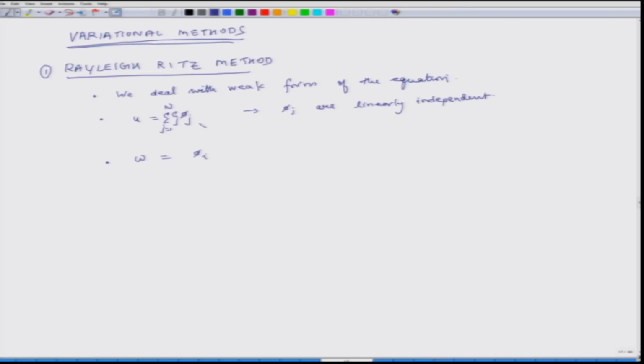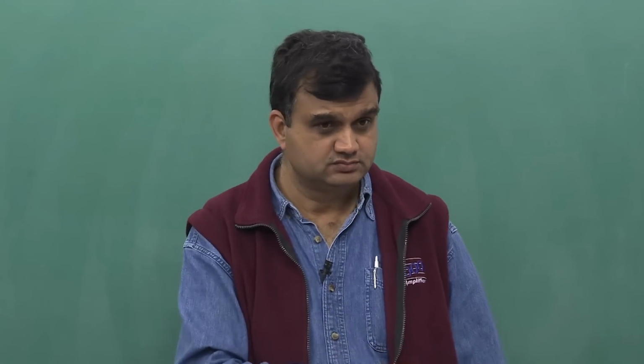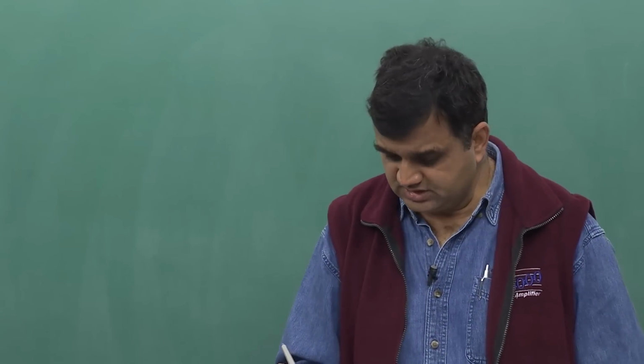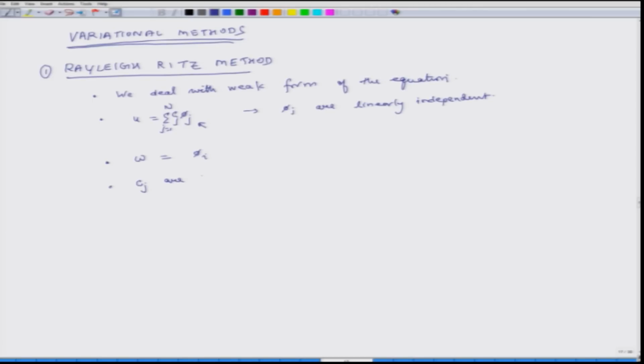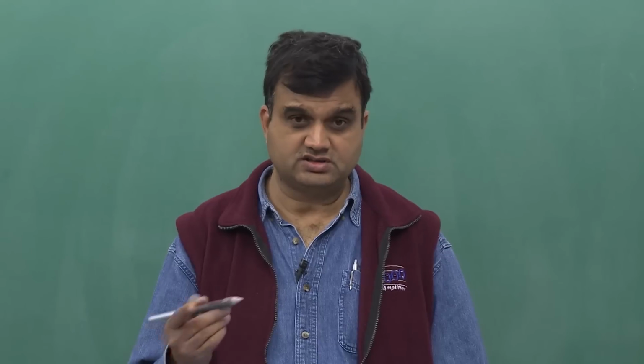So, once we have made a choice on these phi j's, we essentially use the same functions in place of W. These c j's are called Ritz coefficients. If there are n unknowns, there are also n weight functions, because the number of weight functions associated with n unknowns is also n.